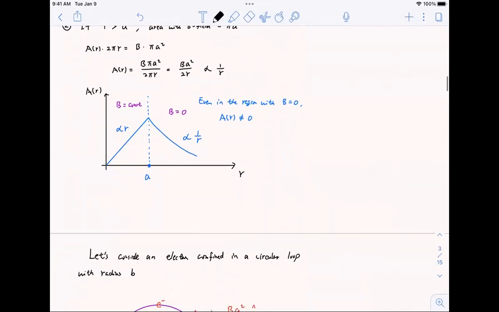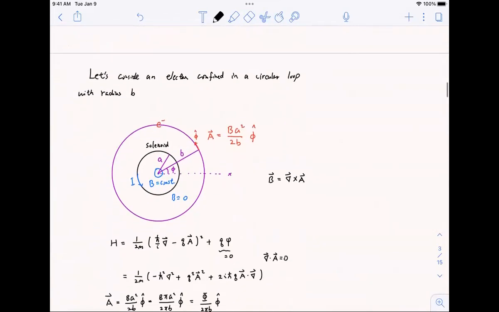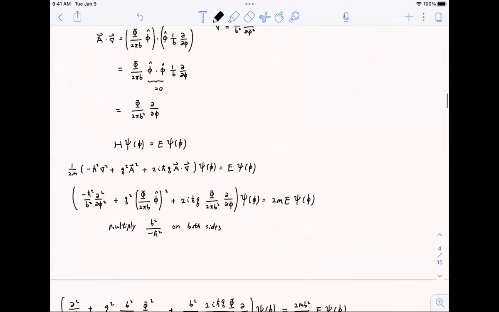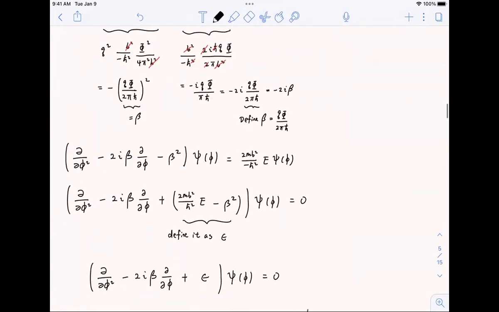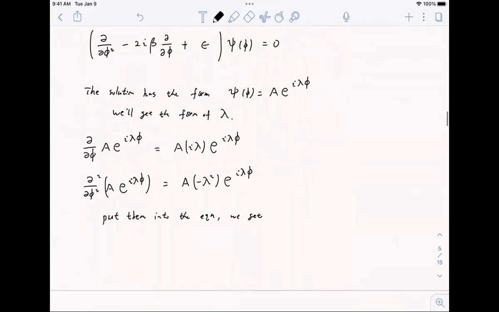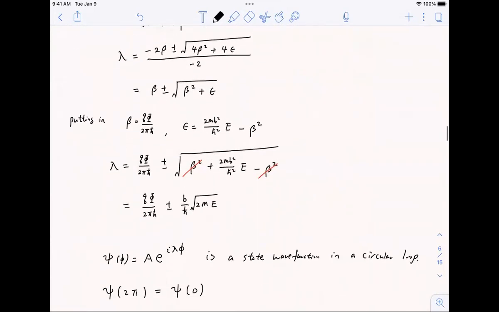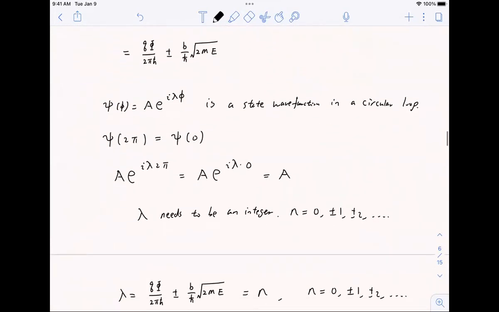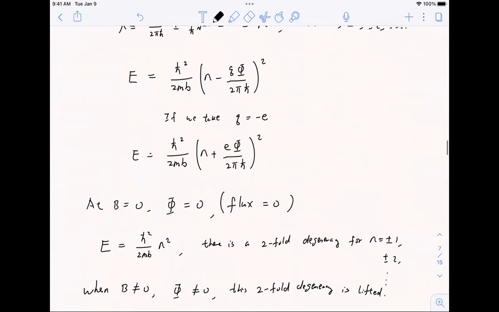When the potential is non-zero, it will affect the solution. So eventually we get the solution, and the flux inside will affect it. This is just one example that the magnetic field will affect it.